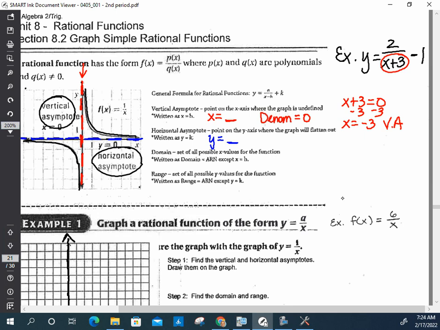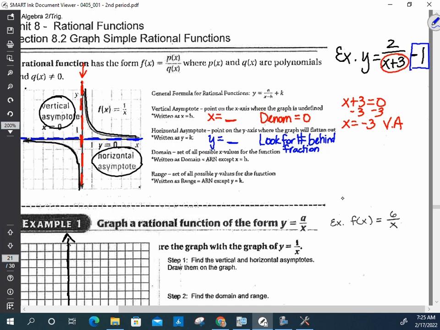For the horizontal asymptote, you look for the number behind the fraction. That number behind the fraction is negative 1.